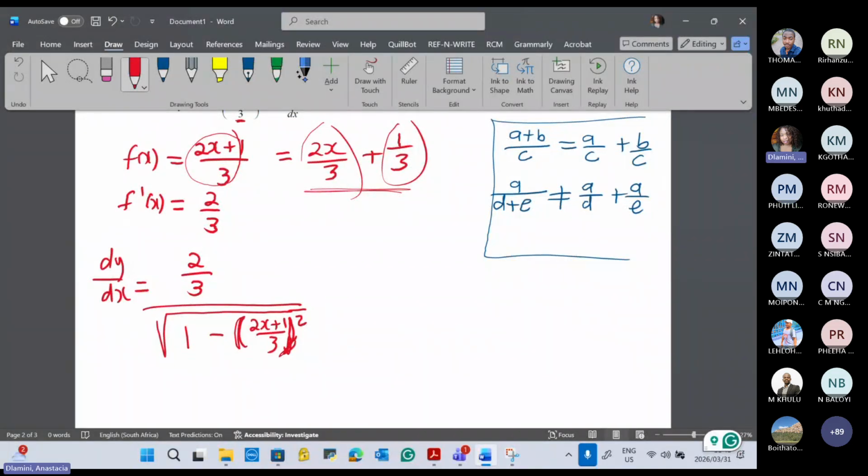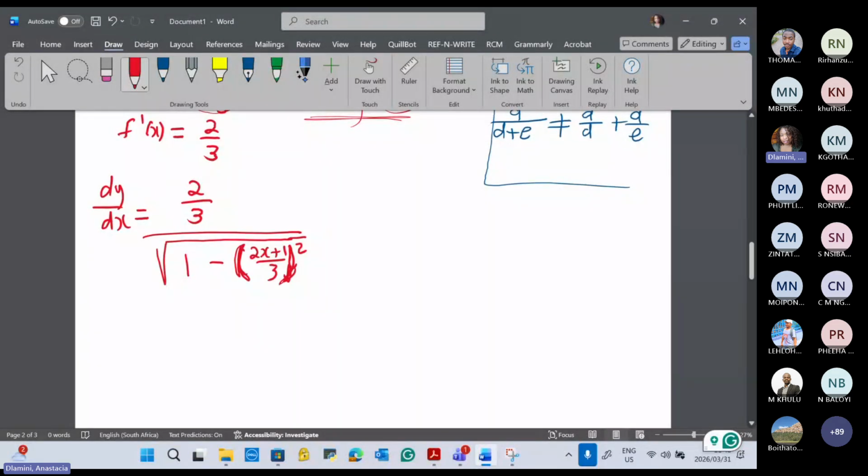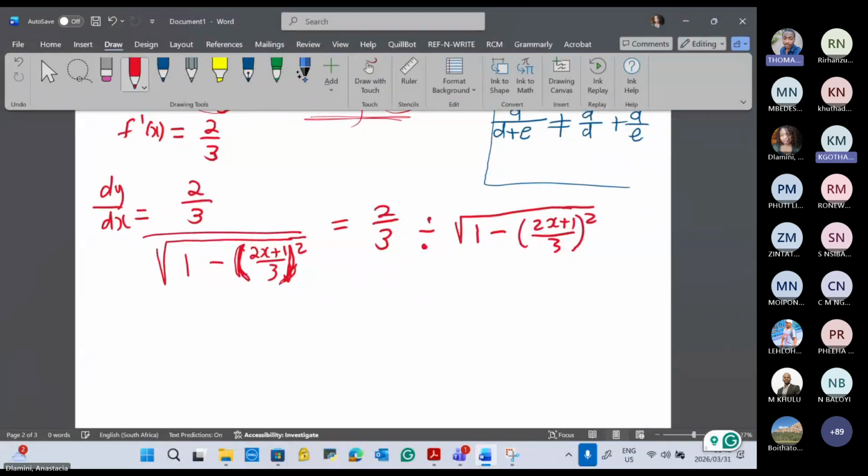Now, because you can see it's a fraction over another function, you can write this as equal to 2 over 3 divided by the square root of 1 minus 2x plus 1 over 3, squared. Are we all together? Yes, ma'am. You can write it like that.